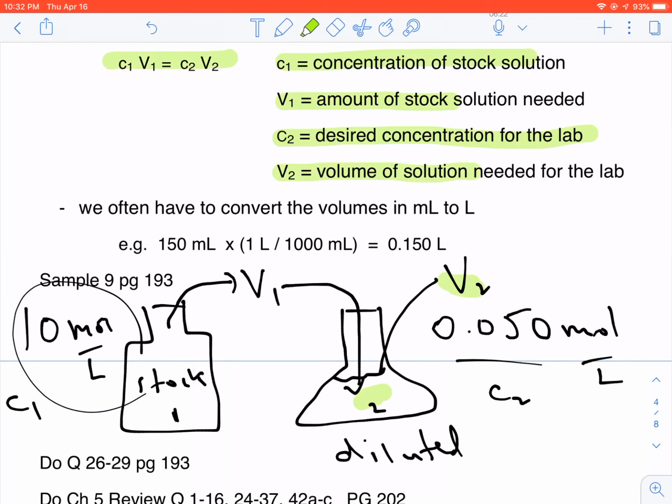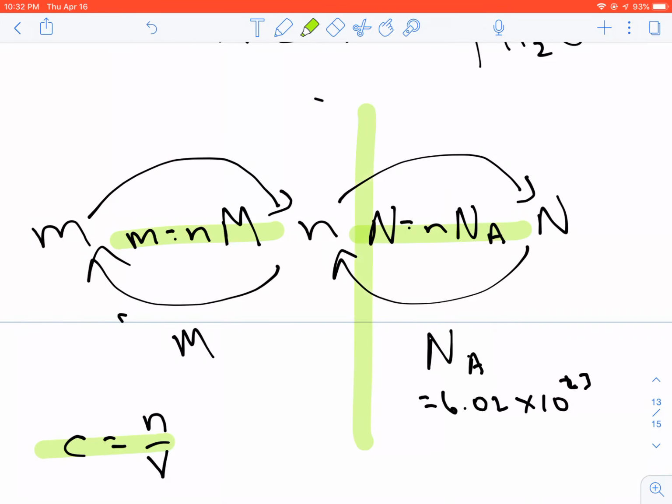So if I look at the sample problem on page 193, sample problem 9.